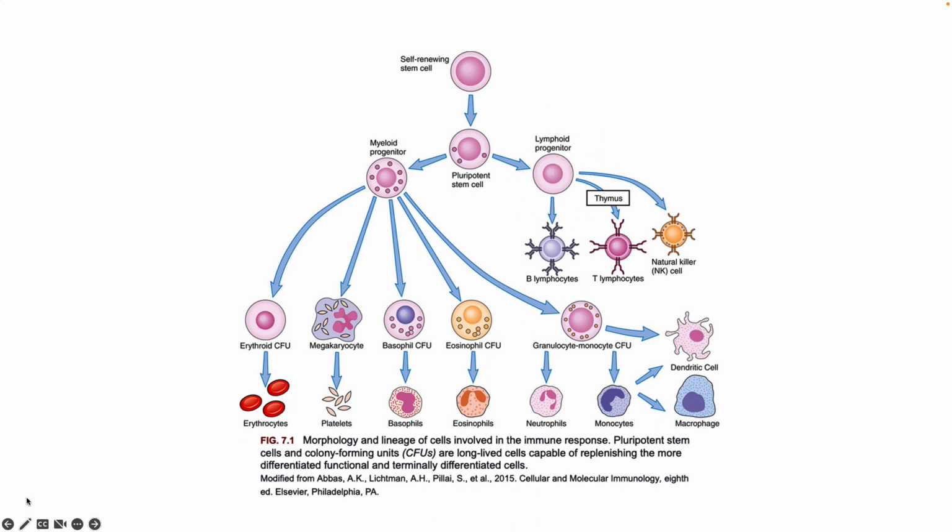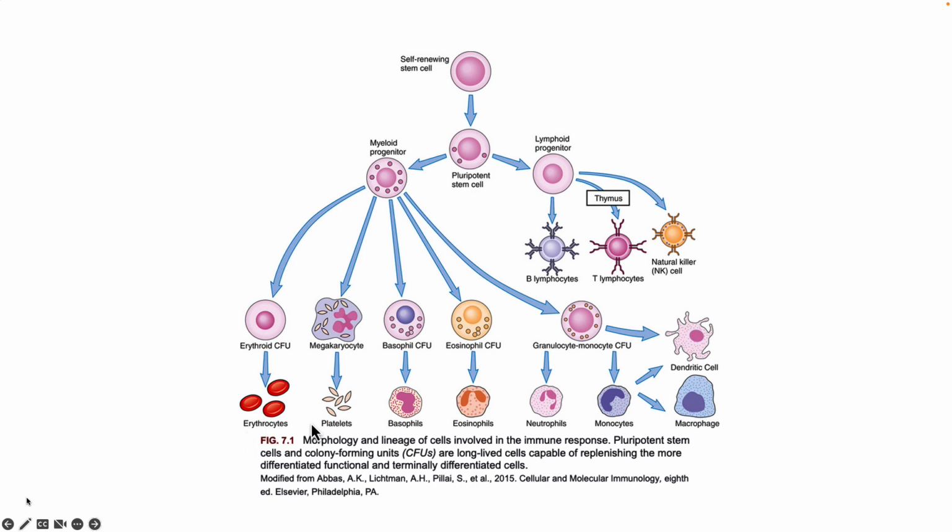So the lymphoid lineage, for the most part, is where we have our adaptive or antigen-specific immune response with our B and T cells. Natural killer cells actually kind of fall under innate, but they are lymphoid cells.